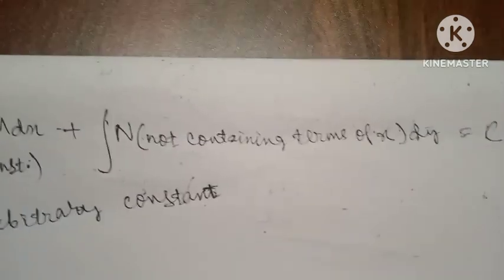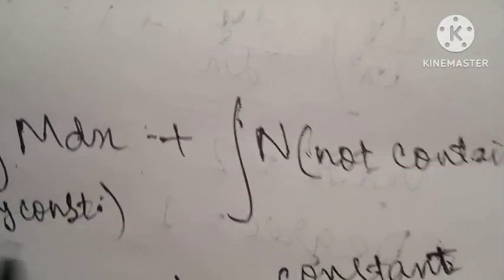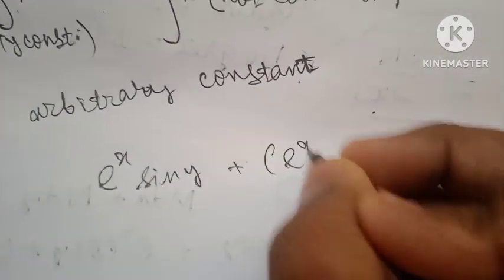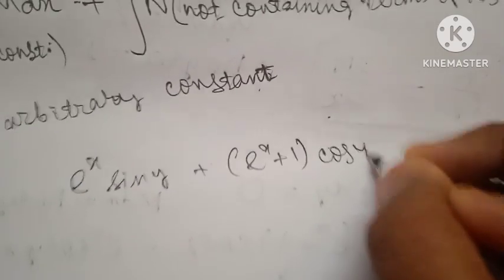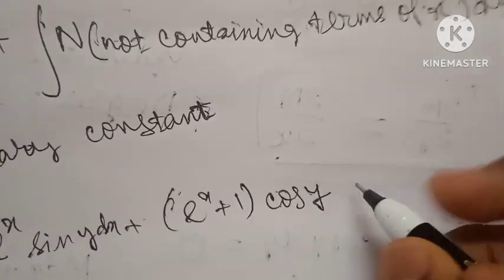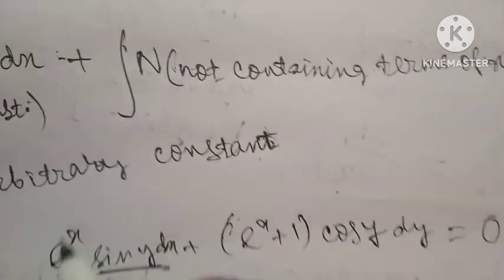So let's see what it tells. The solution of the exact differential equation will be integration of M dx, where the term of y will be constant. If we consider that previous equation, which was e to the power x sin y dx plus (e to the power x plus 1) cos y dy equals 0, here we can see the M, where the term of y is sin y with e to the power x.